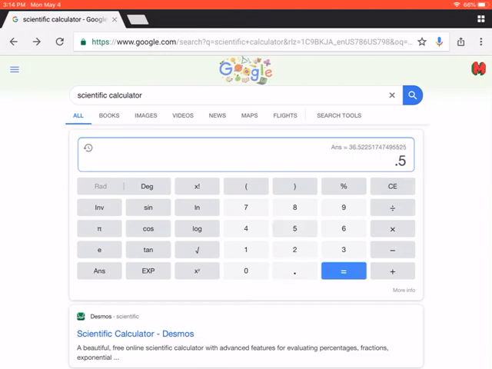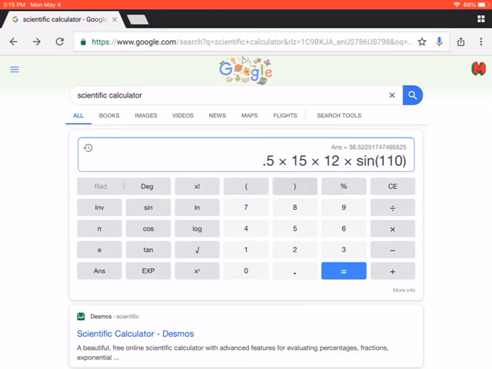0.5 times 15 times 12, times the sine of 110 degrees, close my parentheses.